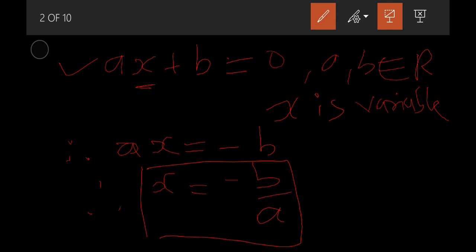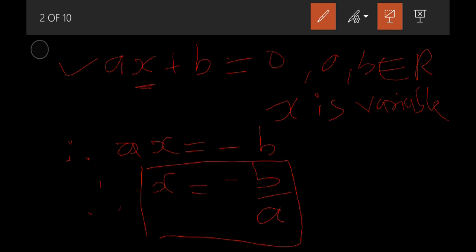If any equation is given in this form, linear equation in one variable, here you can see that x is the only variable in this equation. So this type of equation is known as a linear equation in one variable. If we want to find the zero of this linear equation, then its zero or root is x is equal to minus b by a.